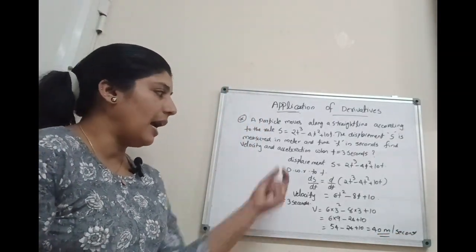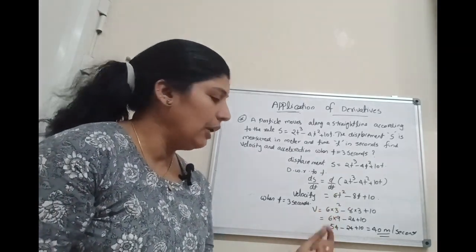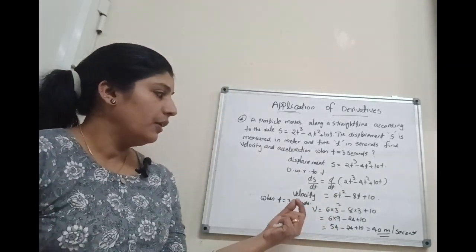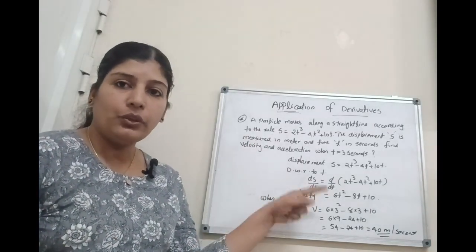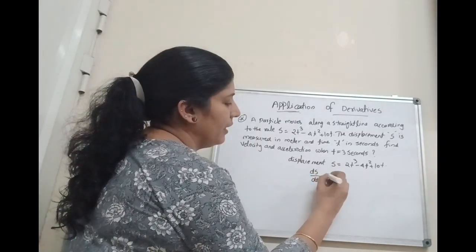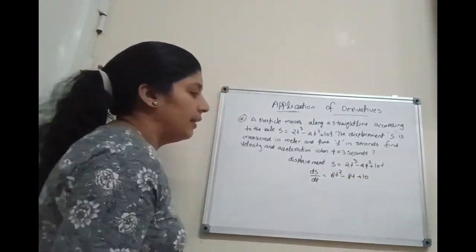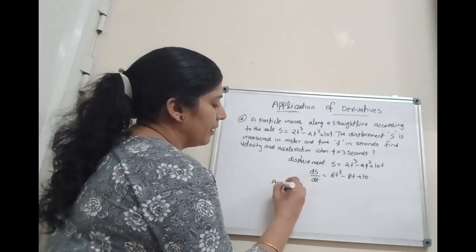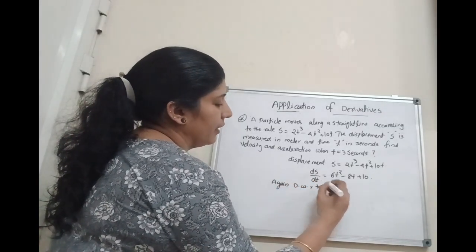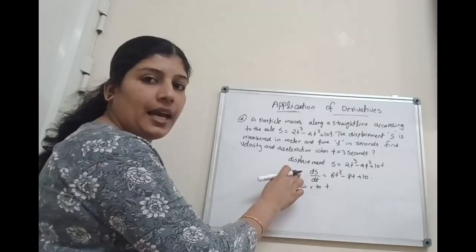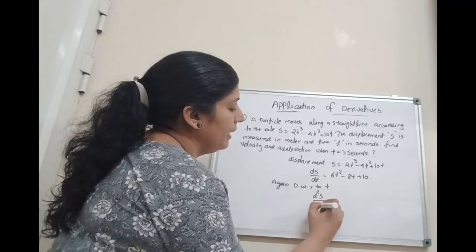Next, we have to find acceleration. That is, we have to differentiate velocity with respect to time. That is, we have to differentiate ds by dt again with respect to t. ds by dt equal to what? It is equal to 6t square minus 8t plus 10. Then again differentiate with respect to t, that is d square s by dt square.